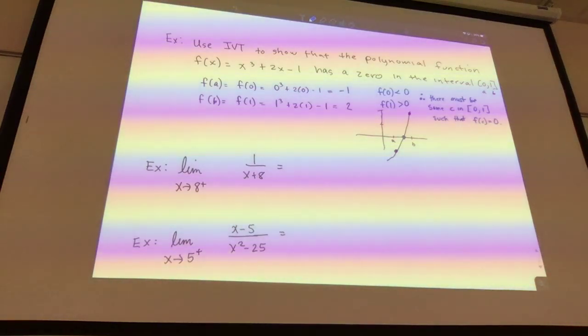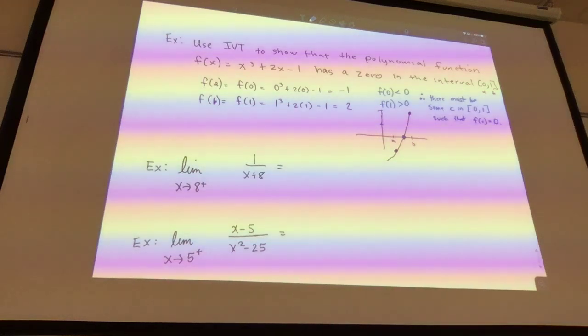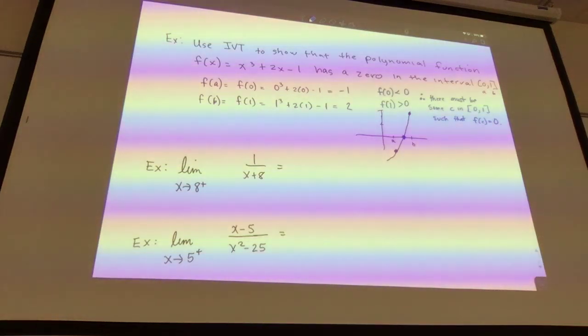All right. Now we're just going to do a little bit of review, throw some different stuff at you, looking at evaluating limits. It's just some things you might see in homework.